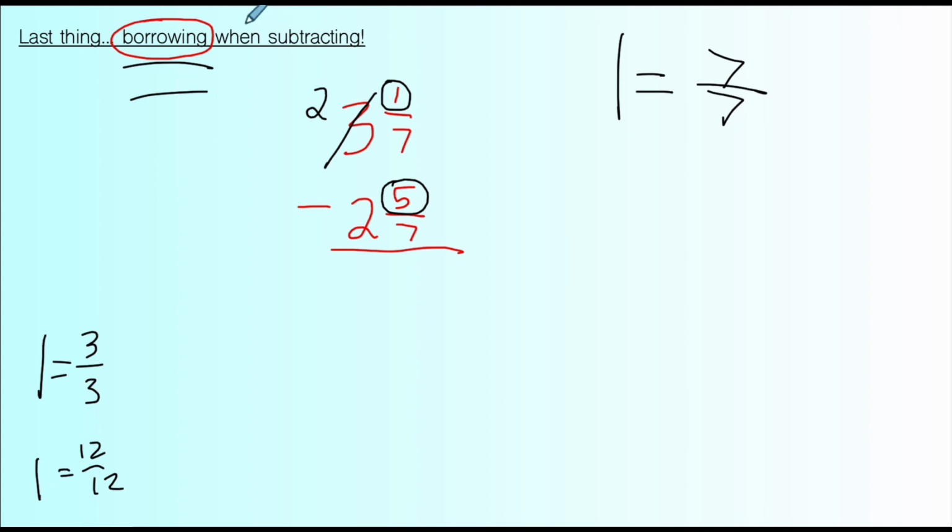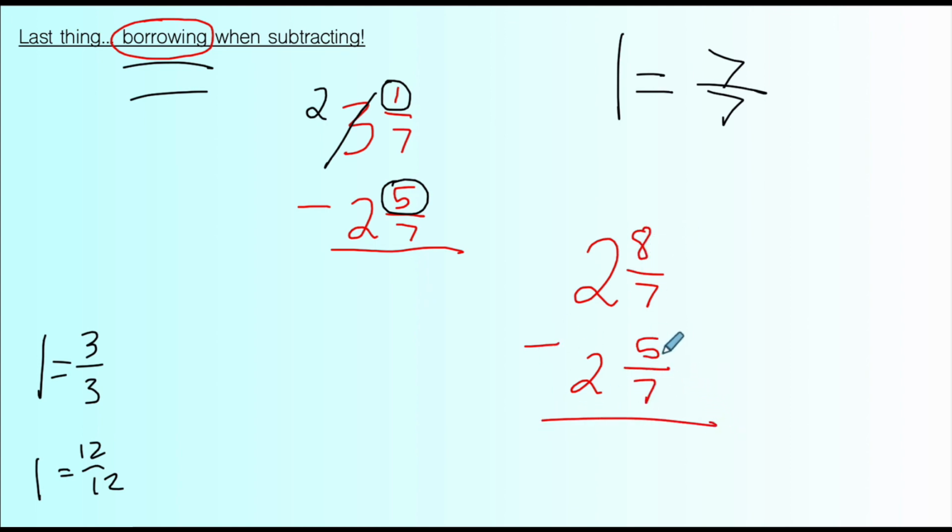And now I have a brand new problem, and I'm going to rewrite it so it's easier to see. Instead of 3 and 1/7, I have 2 and 8/7. And what did we do? We took 1 from the 3, reduced it to a 2, and that 1 whole, aka 7/7, we added to the 1/7 and made it 8/7.